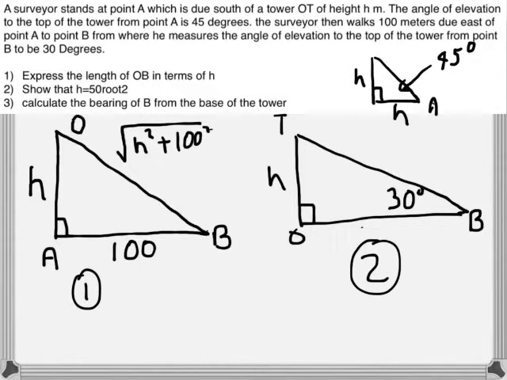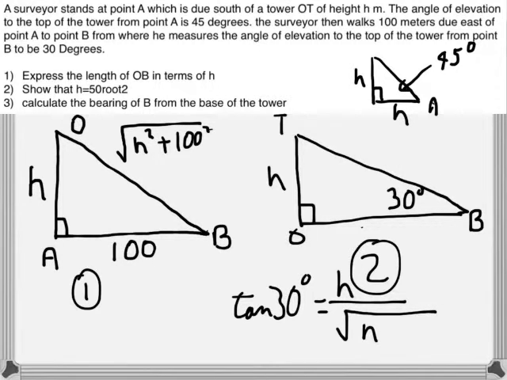From diagram 2, we can see that tan 30 degrees is going to be equal to H over OB, and from our first diagram, that's the square root of H squared plus 100 squared. So that's what we work with now.